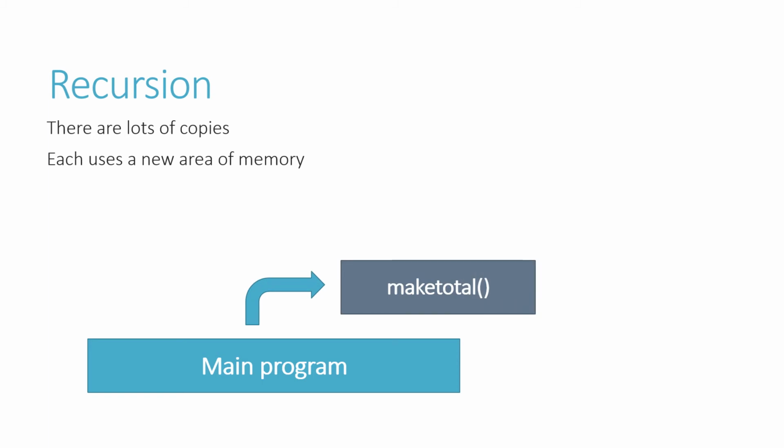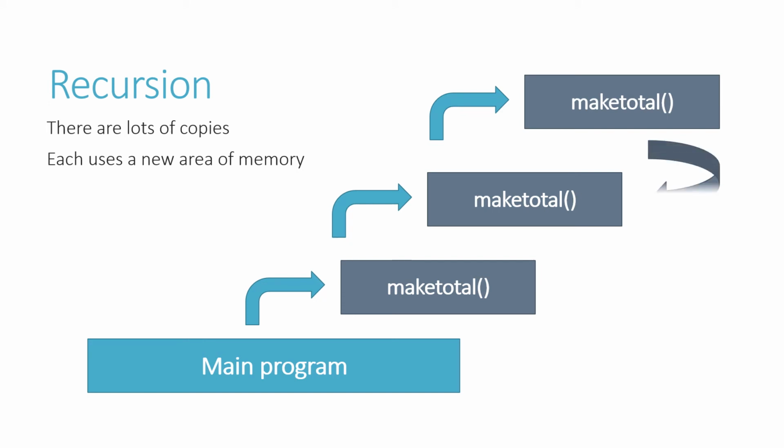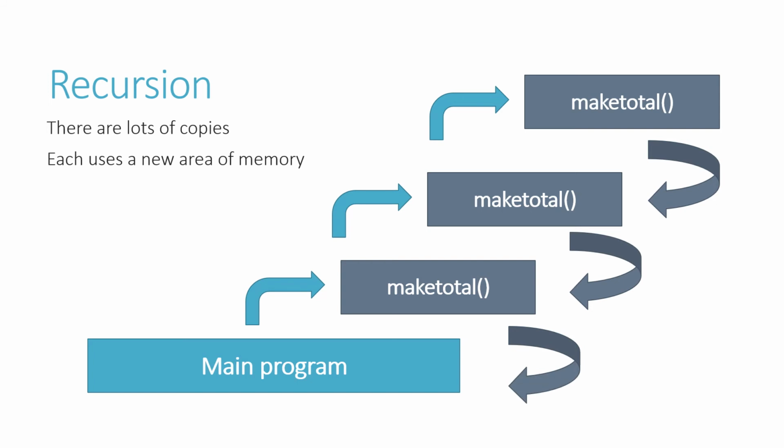The values and parameters are passed up the list of copies, and the return values are passed back down the list again. So a recursive function opens multiple copies, each of which is linked up using this stream of parameters and return values. In other words, it uses a lot more memory.